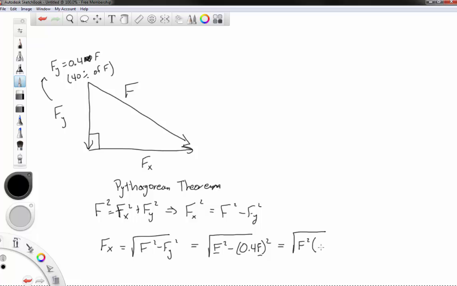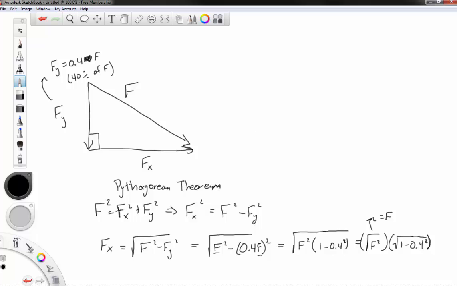So you have F squared times (1 minus 0.4) quantity squared. This is the same thing as the square root of F squared times the square root of 1 minus 0.4 squared. That's basic algebra. So this right here is equal to F times that.